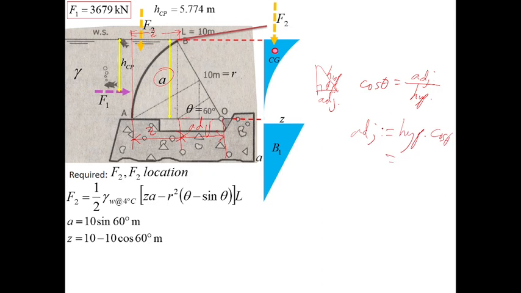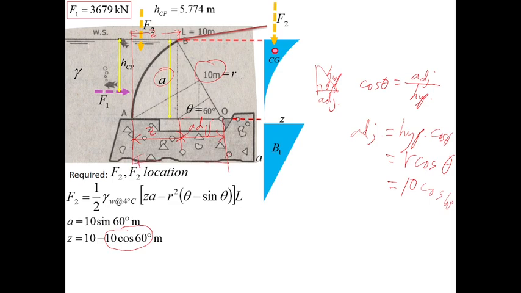Ano yung hypotenuse? 10 yun. Cosine theta. Or that is 10 cosine 60 degrees. Kaya naging 10 cosine 60 degrees ito. Kasi kung yan ay adjacent, ang Z natin ay, anong kabuuan na haba nito?